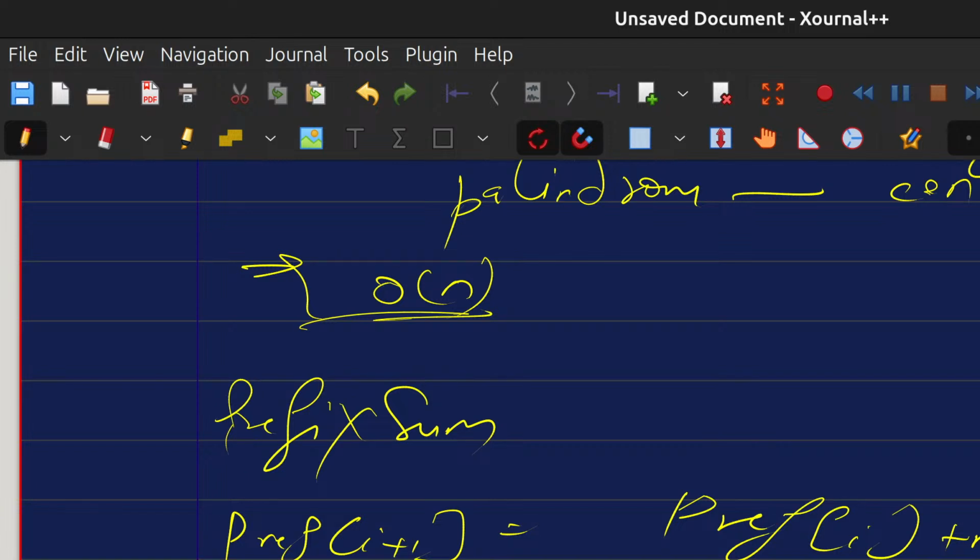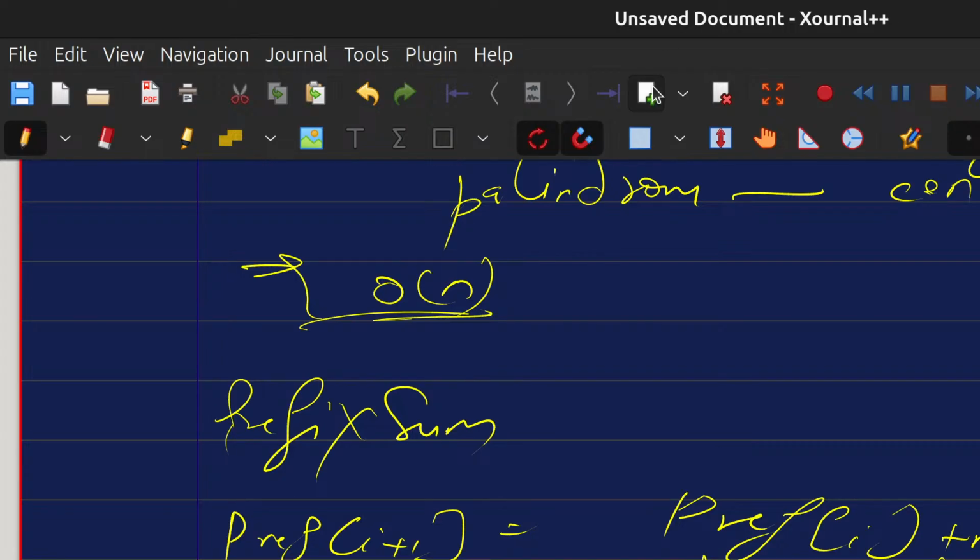Sum of L comma R is equal to prefix of R plus 1 minus prefix of L. This is for us order of 1, right? Because this is here.